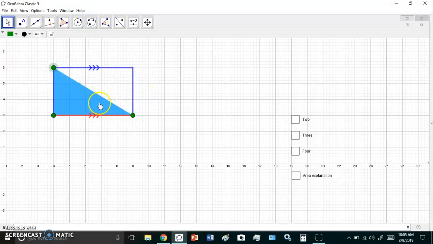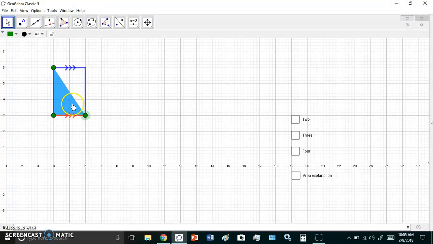So now, what does this mean in terms of trying to find a triangle with the same area that can be reassembled into a rectangle? Well, if it's just a rectangle, you can't do it, right?